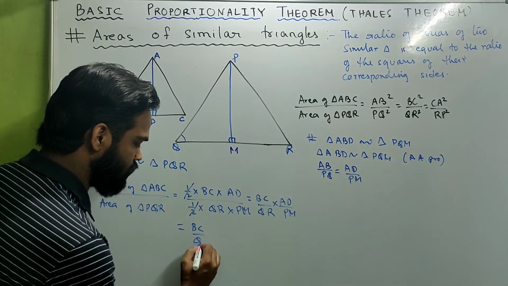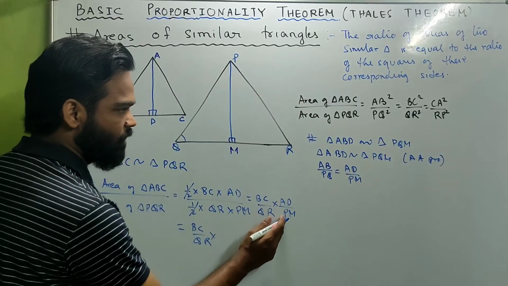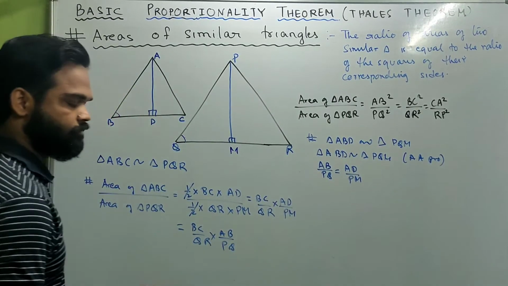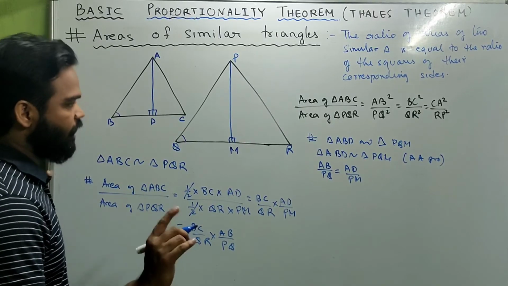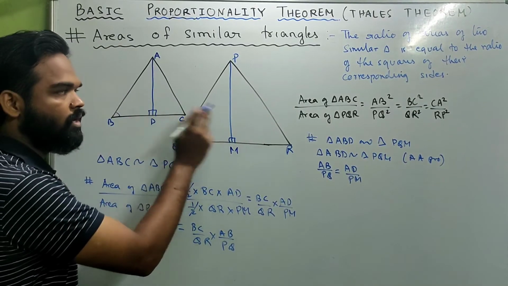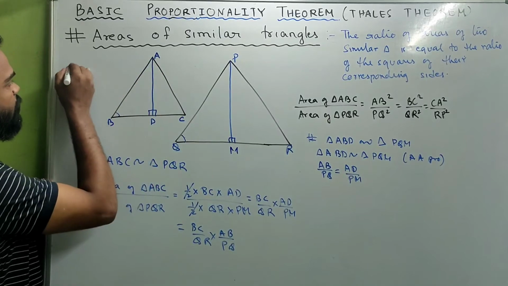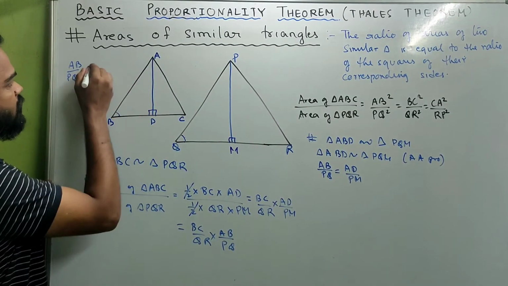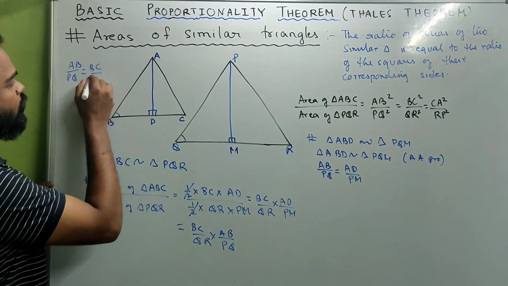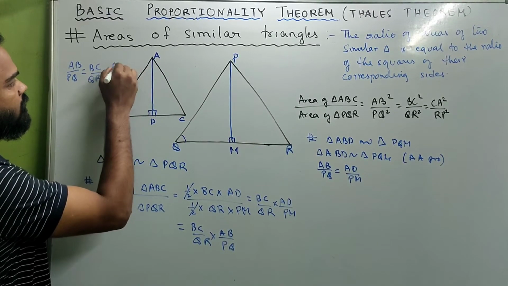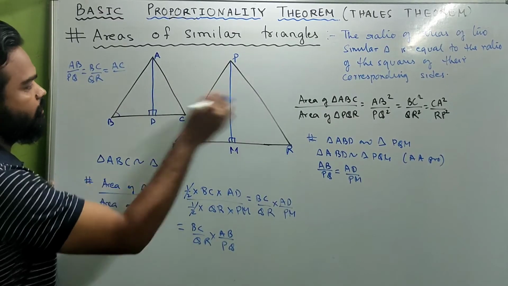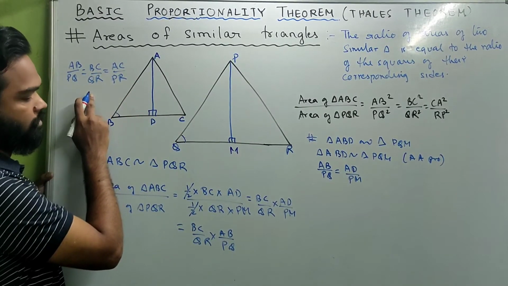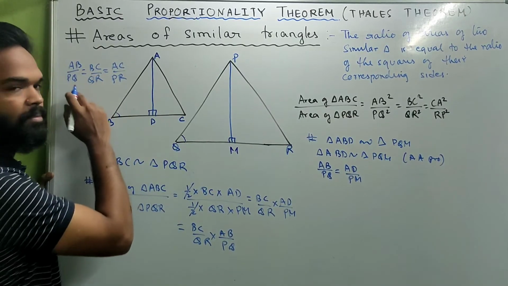BC by QR into AD by PM. AD by PM I can write as AB by PQ, isn't it? Now, first of all, these two were similar triangles, so I can say AB by PQ is equal to BC by QR is equal to AC by PR, isn't it? So instead of BC by QR, I can put AB by PQ.